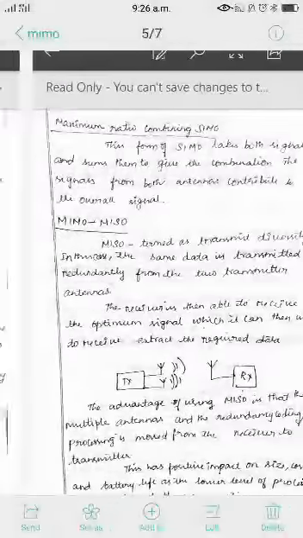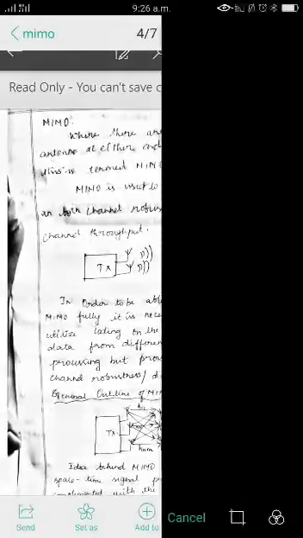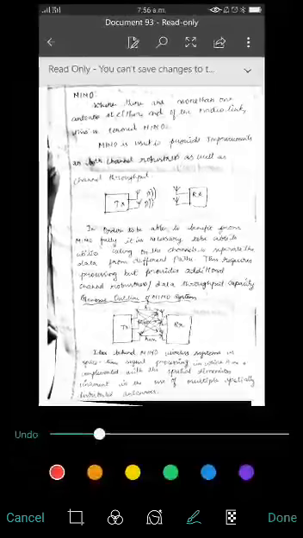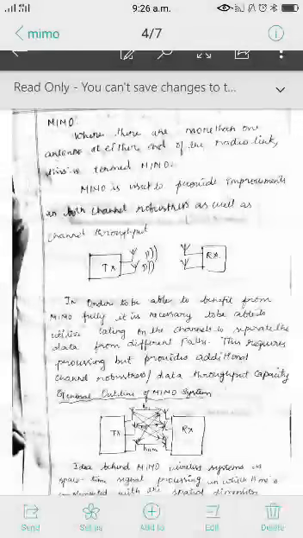And the fourth case is our case, that is multiple input and multiple output. You can see both transmitter and receiver have multiple quantities. Yes, you have multiple transmitters with multiple receivers. Here what is improved is the channel robustness as well as the channel throughput.